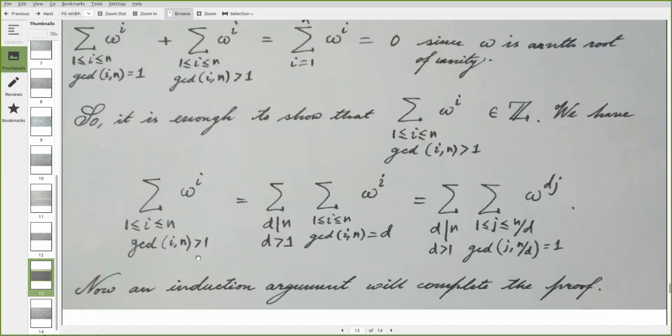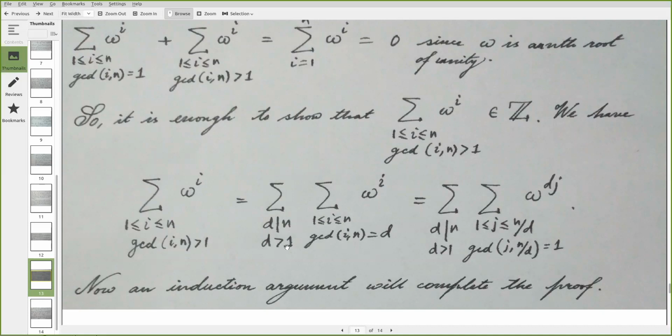Now again we will break this sum into several parts depending upon the GCD of i and n. For each divisor d of n, we will consider those omega to the power i where the GCD of i and n is d. Based on d, we break the sum into several parts, and according to our consideration, d has to be greater than 1.